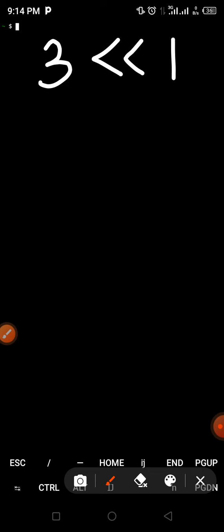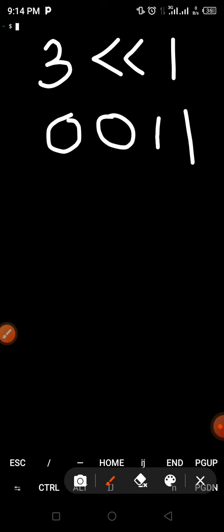So we have 3 here, and I'm shifting it to the left once. So the original value of 3 is going to be 0 0 1 1, like that. So shifting it once like this is going to be what?